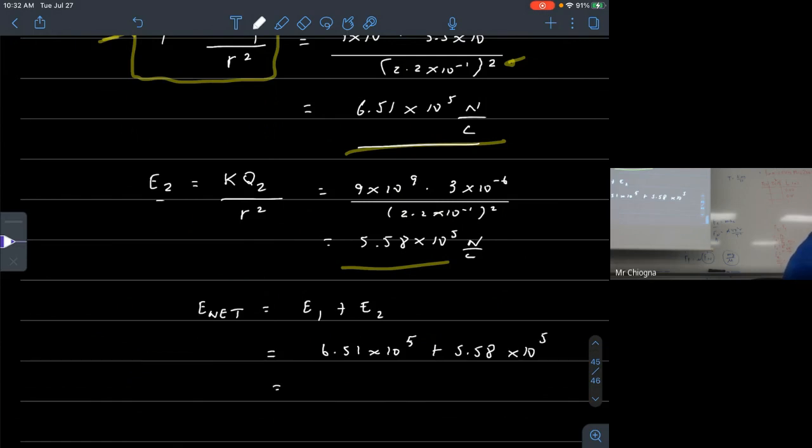Okay, that works out to be 1.2 times 10 to the 6. It's still to the left. They both point to the left.